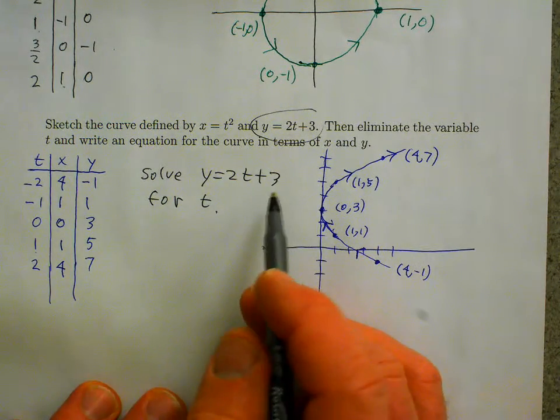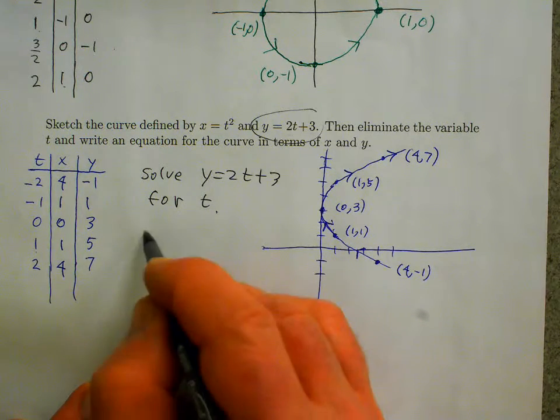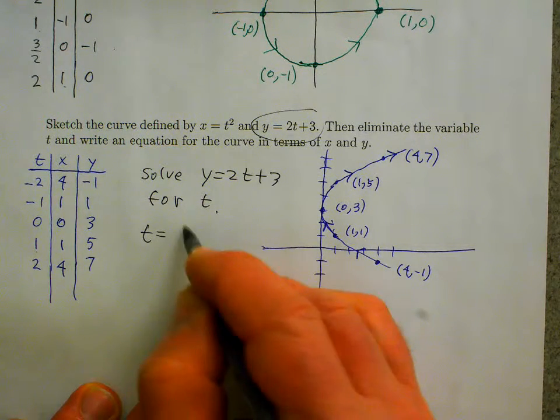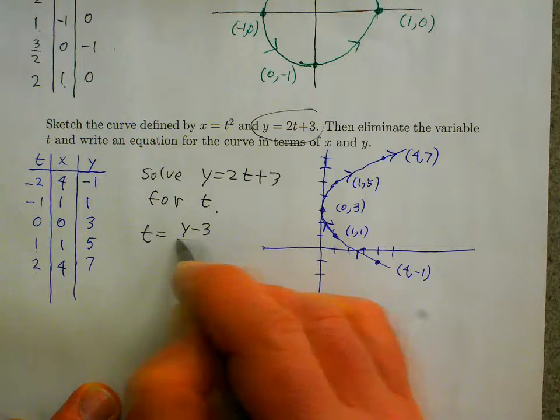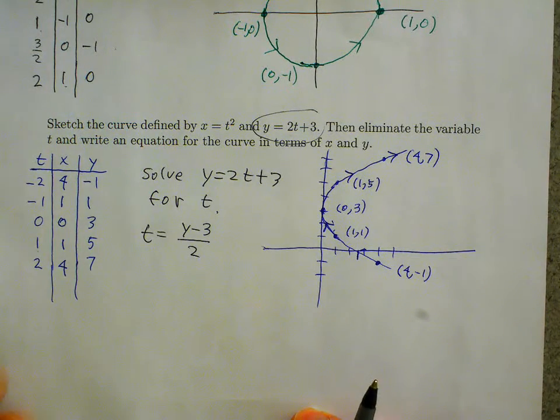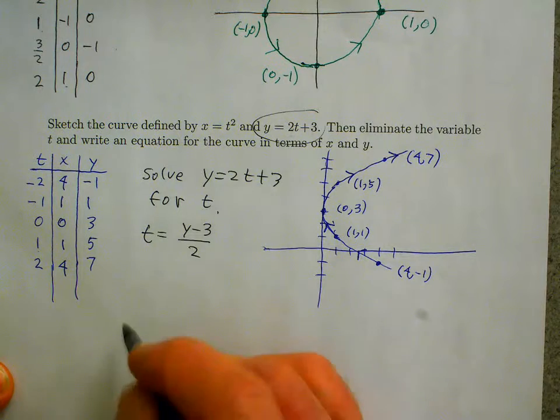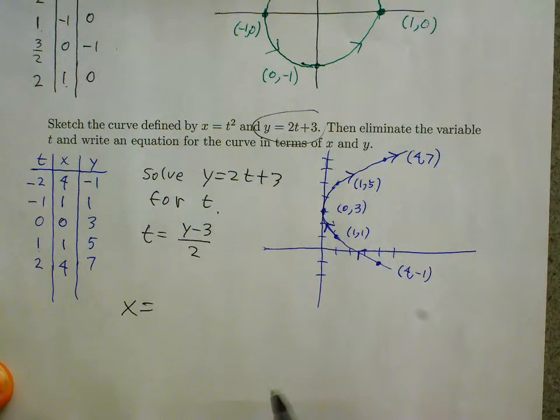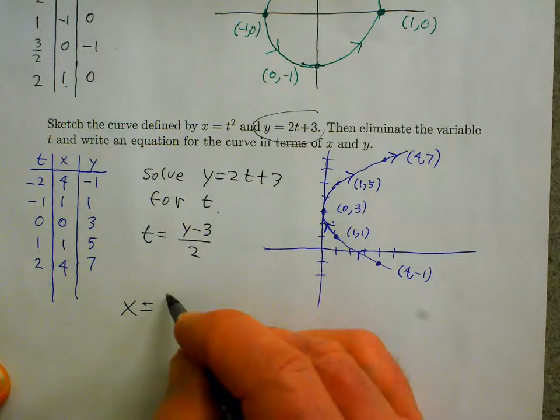If we subtract 3 and divide by 2, we get t equals (y minus 3) over 2. And then in the other equation, replace t with (y minus 3) over 2.